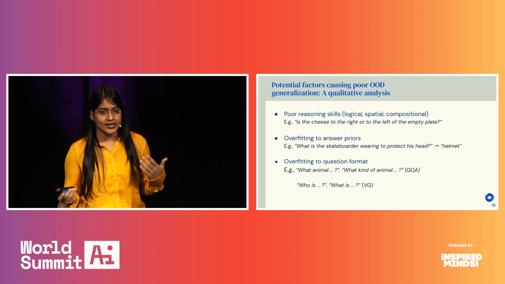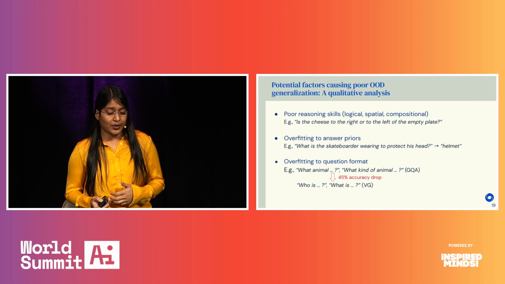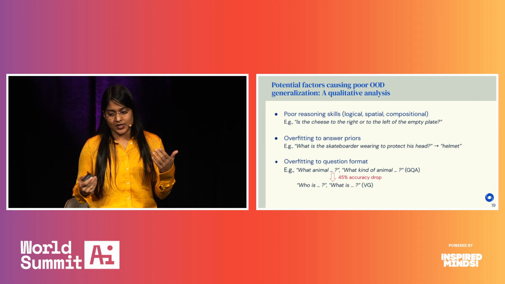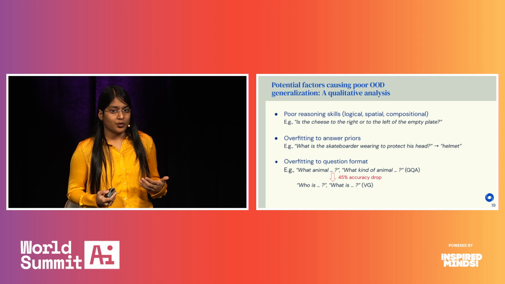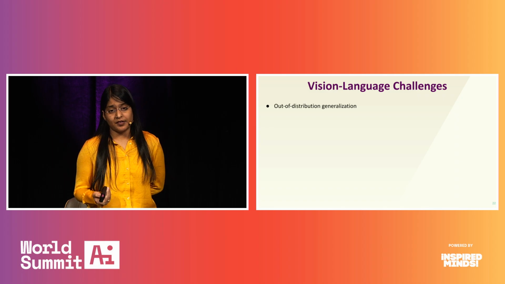Who is playing frisbee, etc. The answers are still about animals, dogs. But because of the format in which the questions are asked, there is a huge drop in the performance of these models. All right, so we basically found that these models are far from beating human performance because they are not as robust as us humans in terms of generalizing to new distributions.